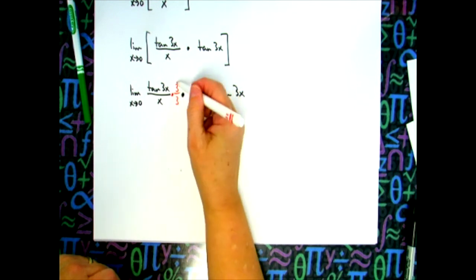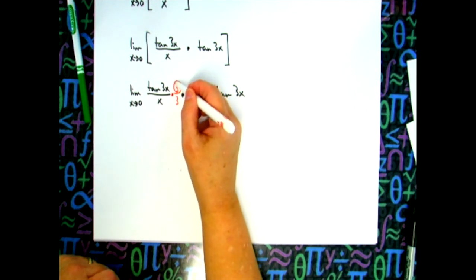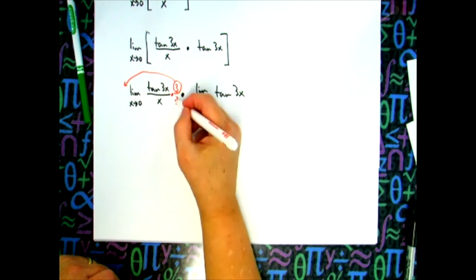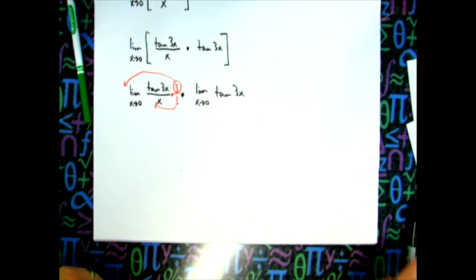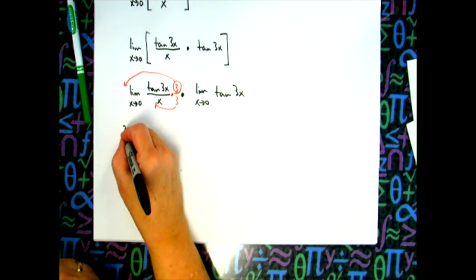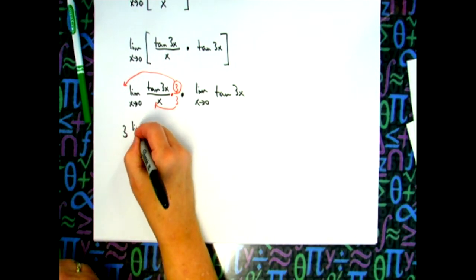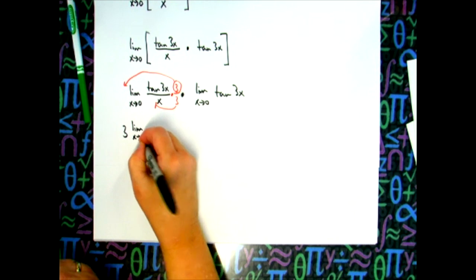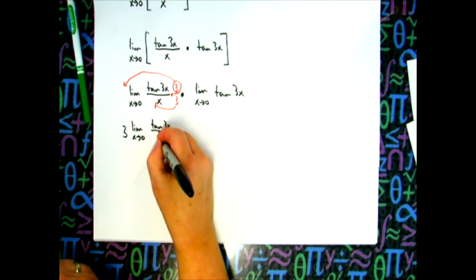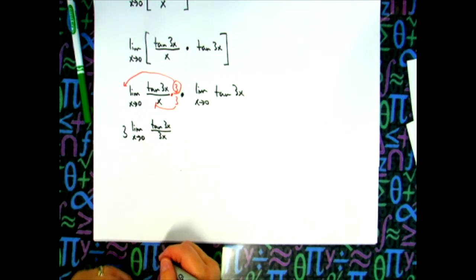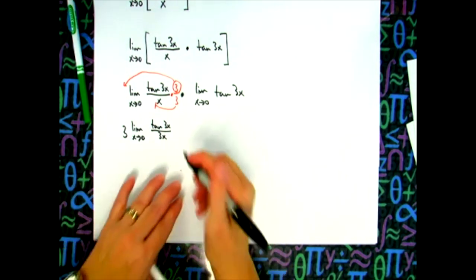This 3 is extra, so it's going to come out in front. This one needs to stay in my denominator. So I've got the 3 out in front, and the limit as x approaches 0 of tangent of 3x over 3x. That's good because this is a known property. I know the answer to that.